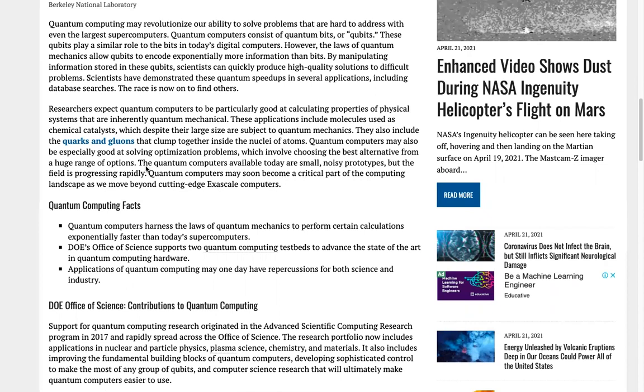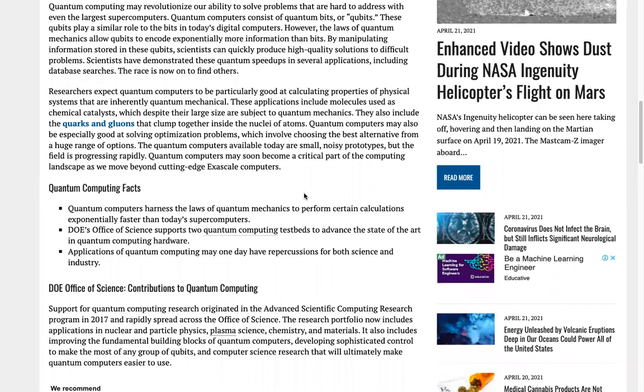So the quantum computers available today are small, noisy prototypes, but the field is progressing rapidly.